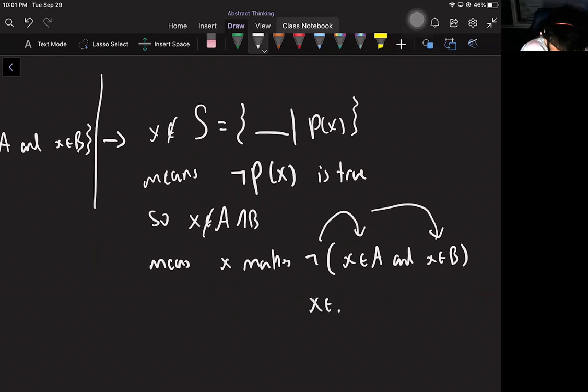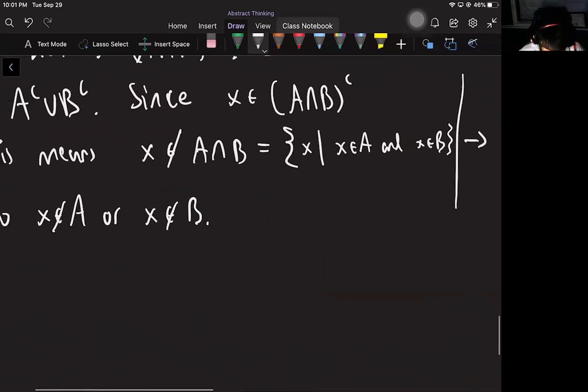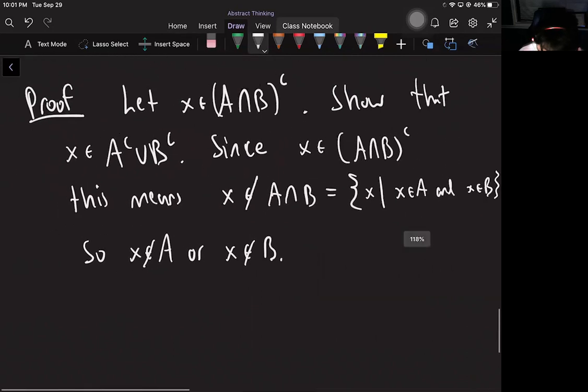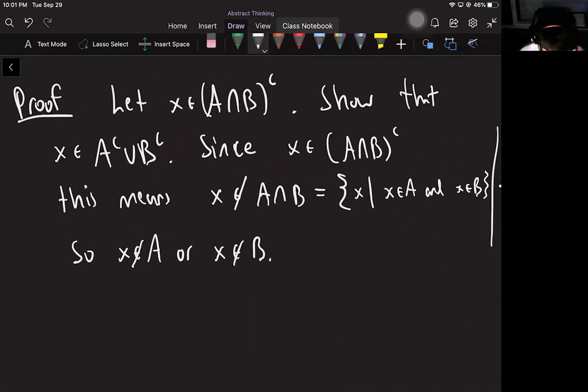You negate each piece, and you change the ands to ors, and vice versa. So that's why. It might also make more sense if you just say it in English. X not being in the intersection must mean that either it's not in A or it's not in B.